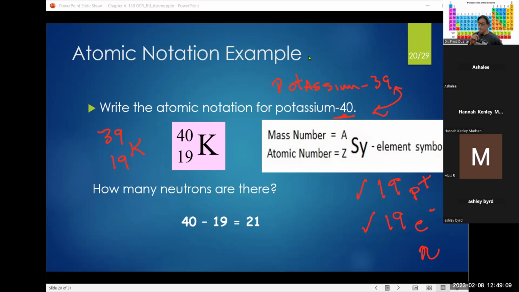How many neutrons would there be for potassium 39? What do you think? 20, exactly. So 39 minus 19 is equal to 20 neutrons, okay?